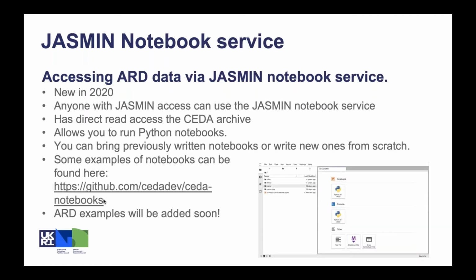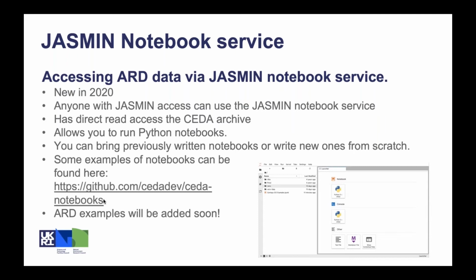Recently this year, we've also added the JASMIN notebook service. Anyone with JASMIN access can use the JASMIN notebook service. Again, it has direct read access to the CEDAR archive, just like on JASMIN, and it allows you to run Python notebooks. You can bring previously written notebooks or write new ones from scratch.